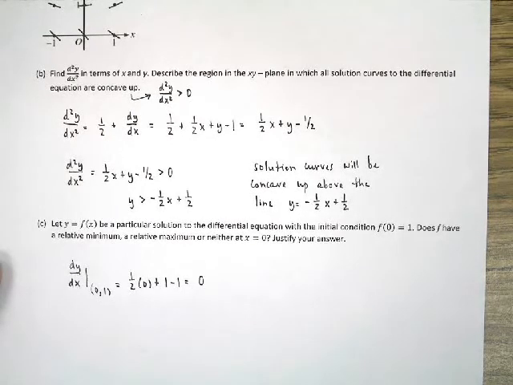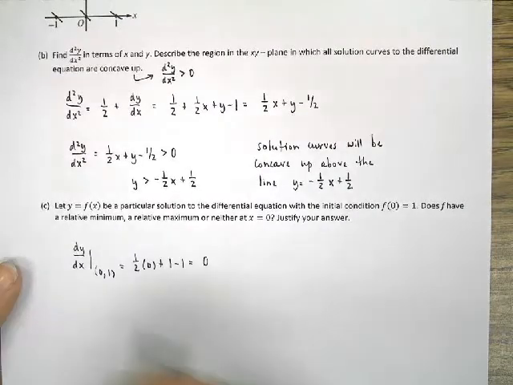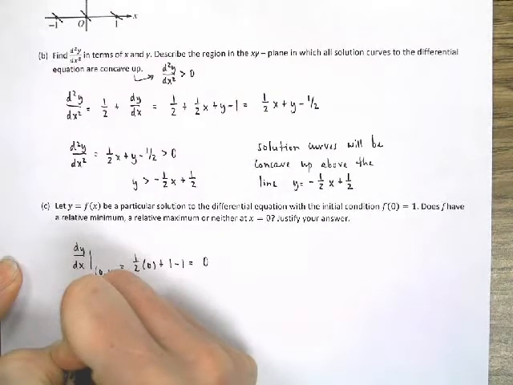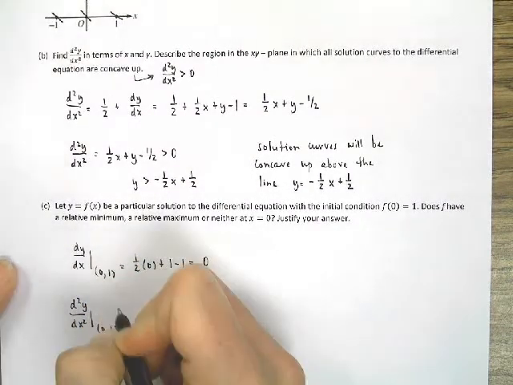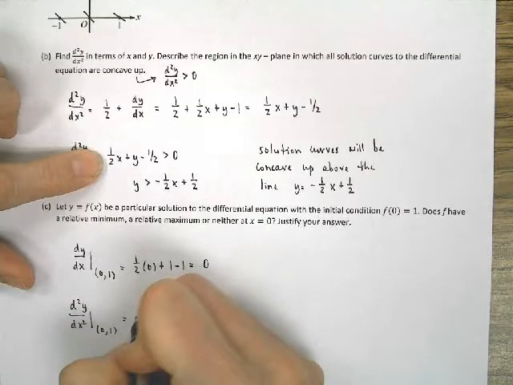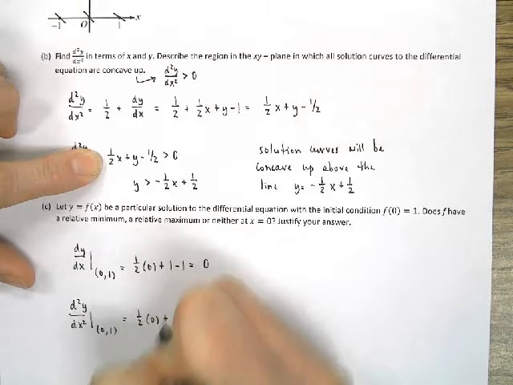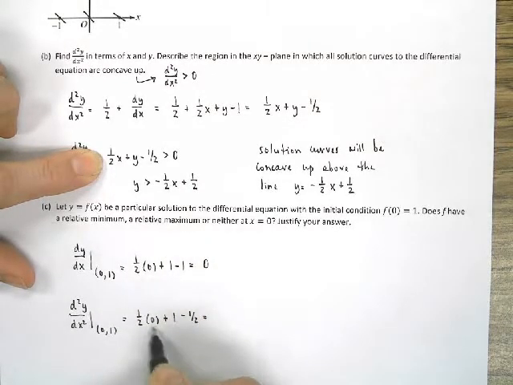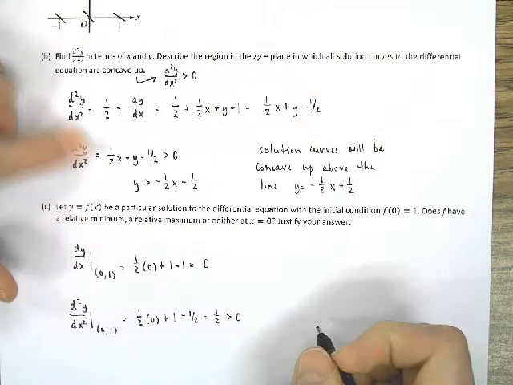Now I need to decide whether that's a maximum or minimum, and I'm going to do that by looking at the concavity. So I'm going to take my second derivative, and I'm going to evaluate that at the same point. Well, our second derivative we said was 1/2 times 0 plus my y value is 1 minus 1/2. So I get 1 minus 1/2, which is 1/2, which is greater than 0.